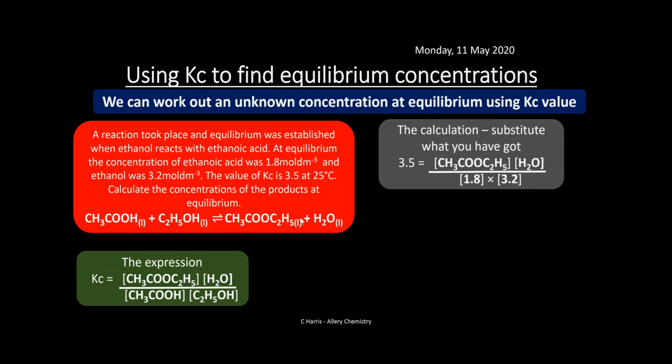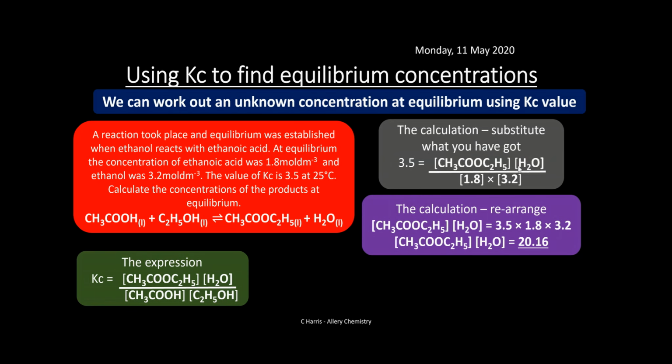So we've got the concentration of our carboxylic acid here. This is our ethanoic acid, which is 1.8, and we also have our concentration of our alcohol or ethanol here, which is 3.2. We have our Kc value of 3.5 because it's just been told that, but we don't have the concentrations of our ester or of our water.